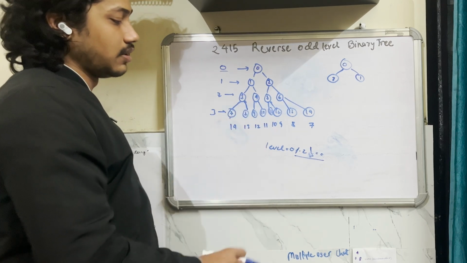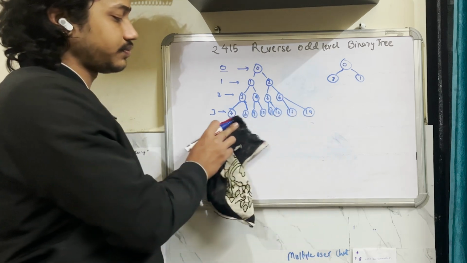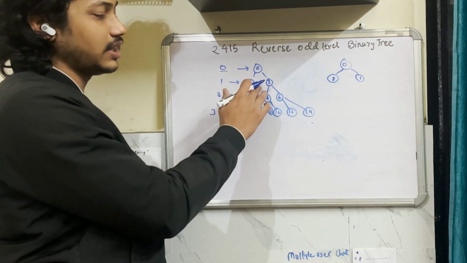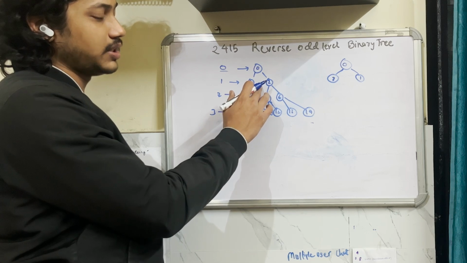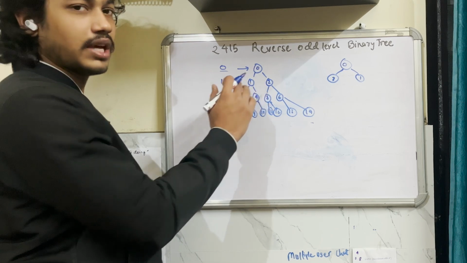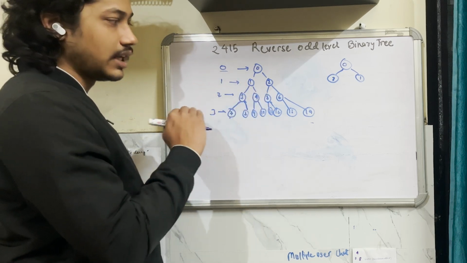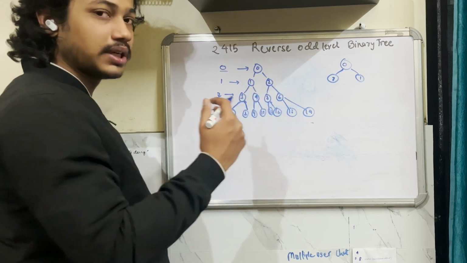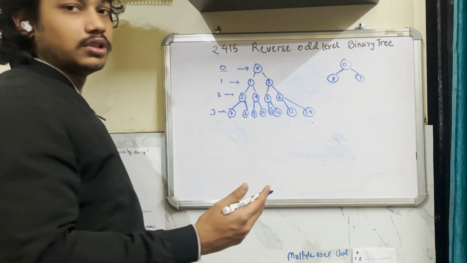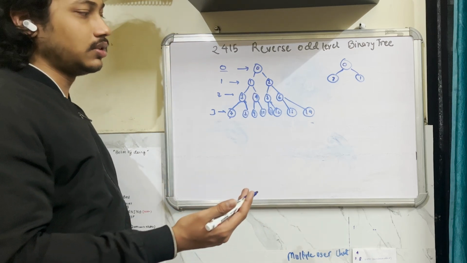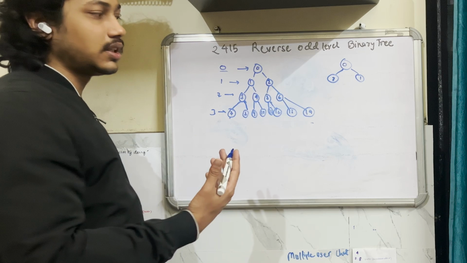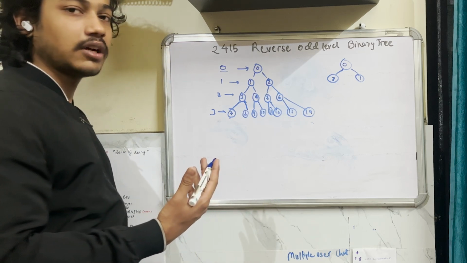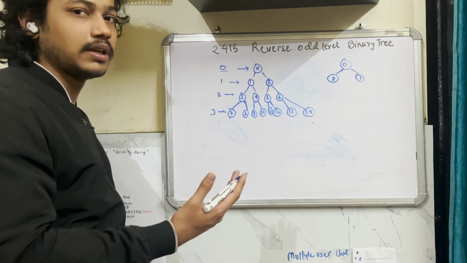So let's see how to reverse. If you are at this position, you should keep track of all the nodes at that level. If you want to swap 1 and 2, you must have both 1 and 2 with you. How can you keep track of those two or multiple values?